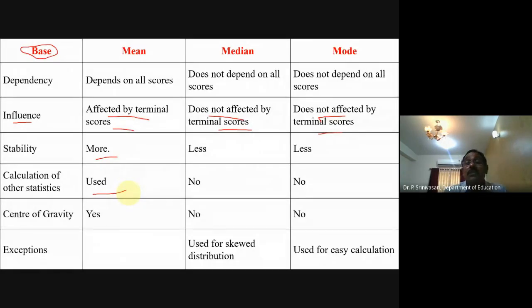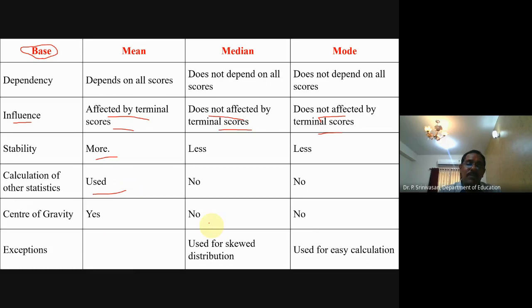If the data is less than 30, we go for the difference between the medians. But anyway, it's not that much used. The other name for mean is the center of gravity. Since it takes care of all the data, it is otherwise called the center of gravity.